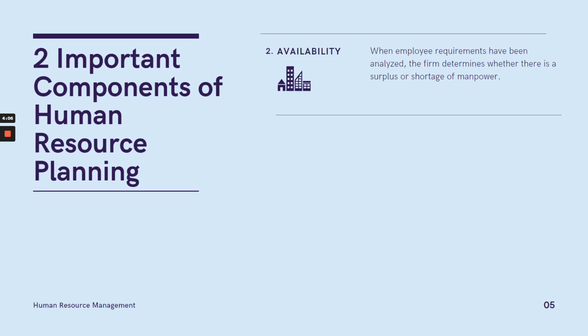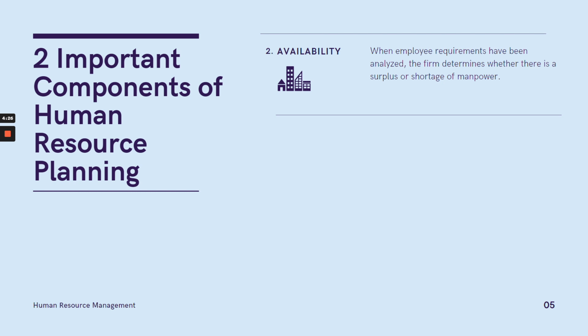The second component is the availability. When employee requirements have been analyzed, the firm or the company determines whether there is a surplus or a shortage of manpower.